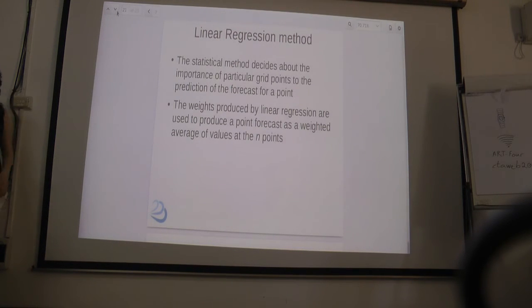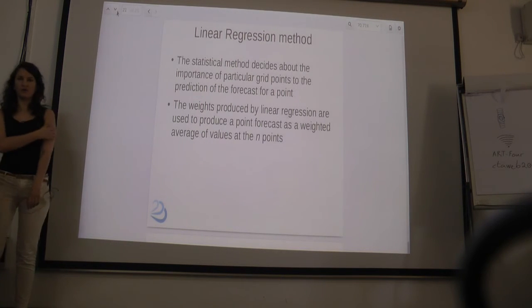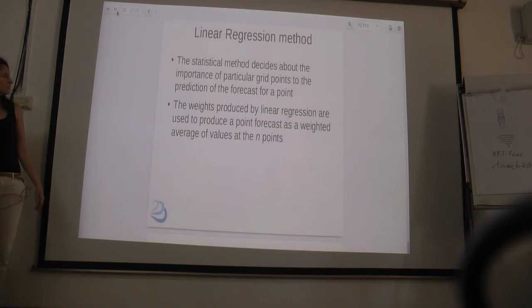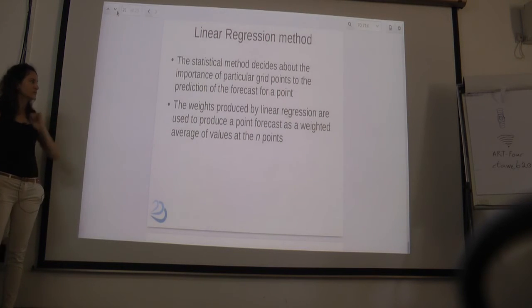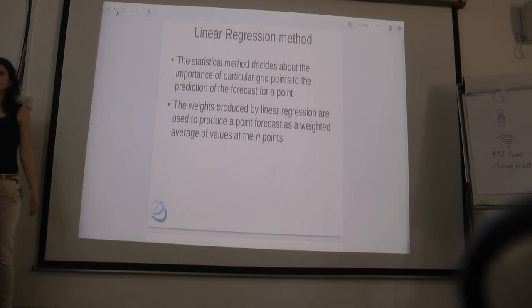So it's the linear regression method that decides how important particular grid points are, and the weights produced by linear regression we use to produce a point forecast as a weighted average of values at the points, as in the previous slide.